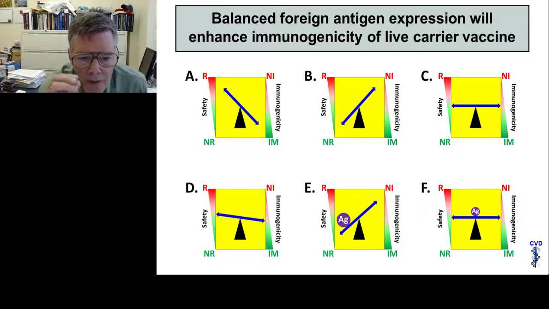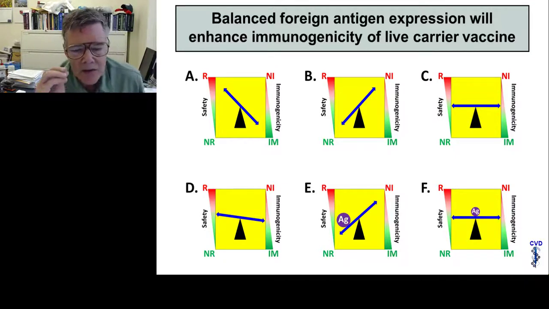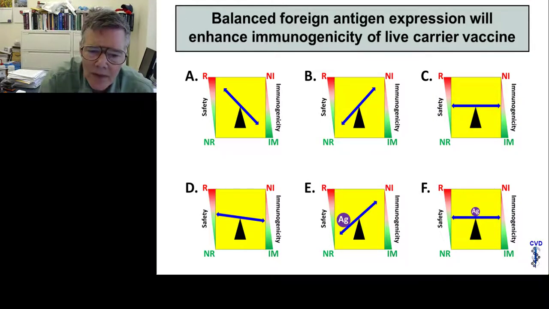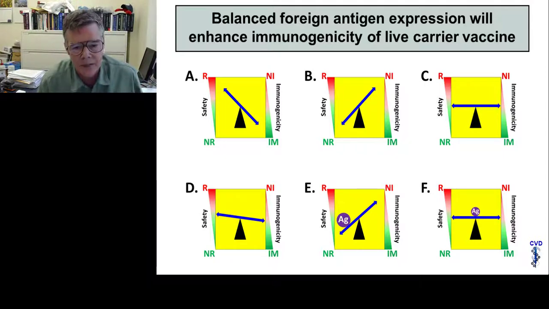If you overexpress extra high levels of foreign antigen, it becomes over-attenuated, and so it's non-reactogenic, but it's also not immunogenic. So you have to adjust antigen expression just right so that you get a balance between safety and immunogenicity against both the carrier vaccine and the foreign antigen. And this is tough. This is hard to do.